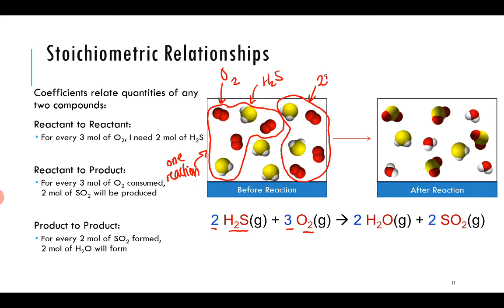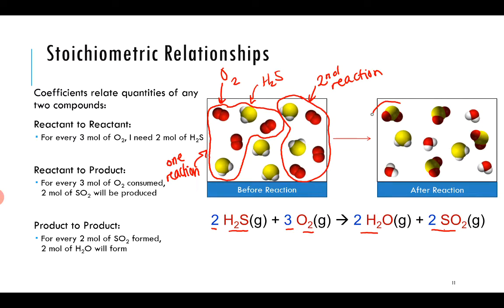And that's a second reaction that happens. And then on the product side, I can see that I had 2 reactions happening, and each reaction is going to produce 2 water molecules and 2 SO2 molecules. So we're going to have 2 of each product.